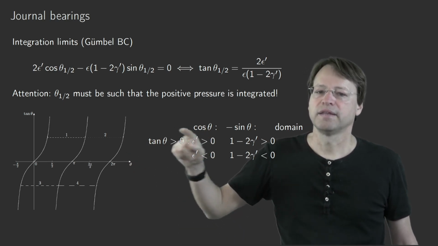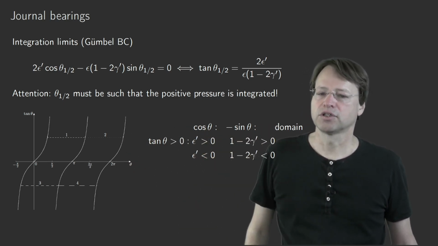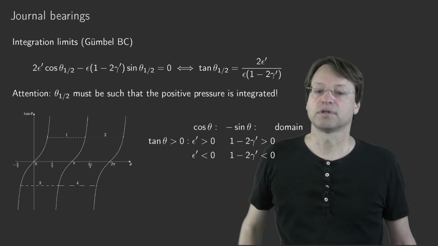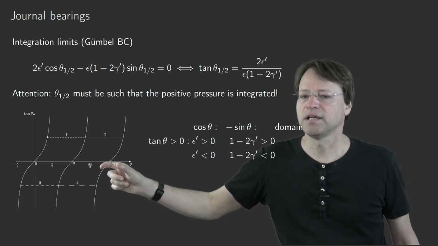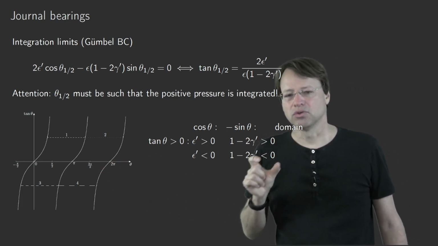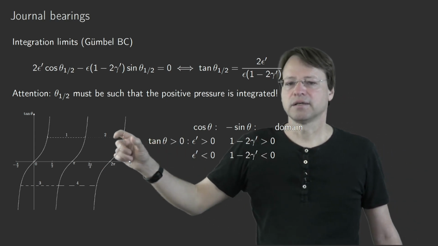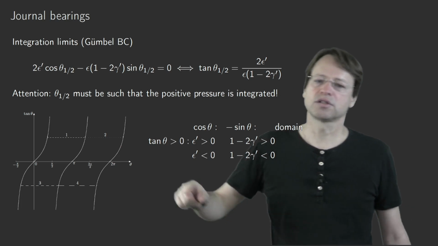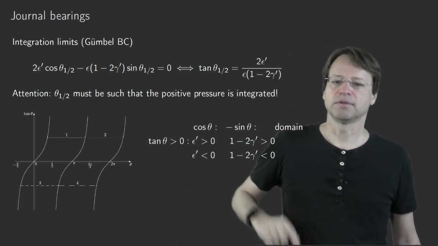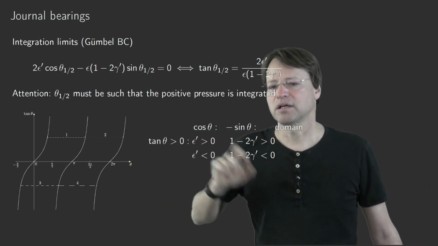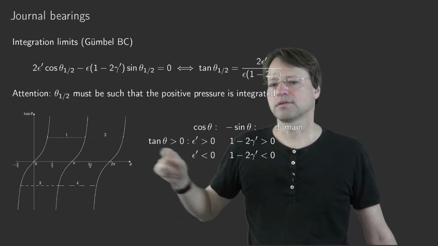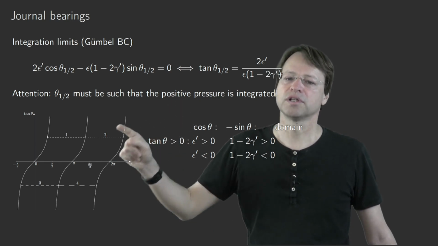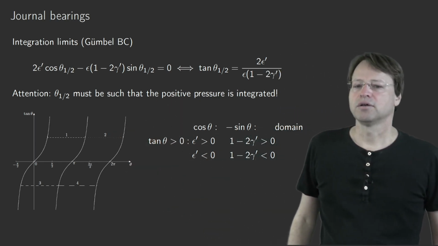Therefore, that domain in which there is for sure a positive pressure must be fully included inside the range for the angle theta. The angle theta can start a little bit before, it can end a little bit later, but at least that part, between 3 pi divided by 2 and 2 pi, must be included. Therefore, we conclude that we need domain 2 here.